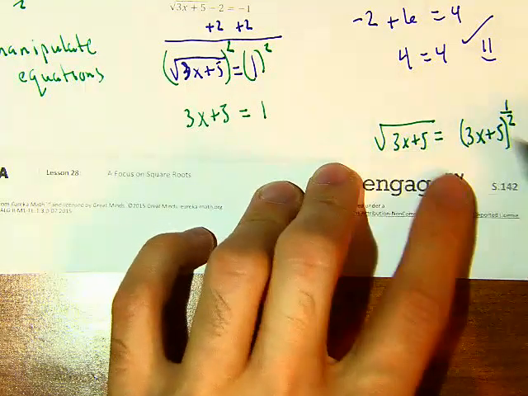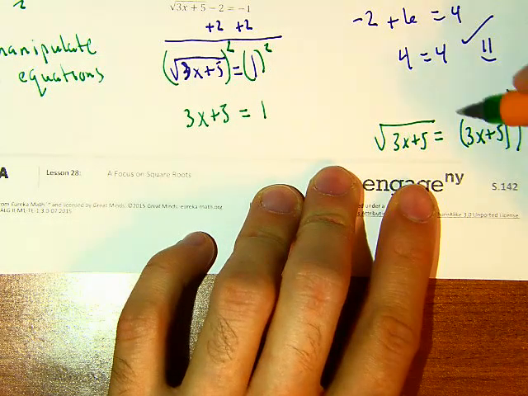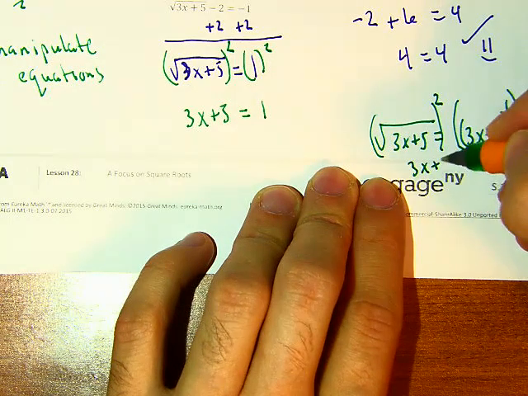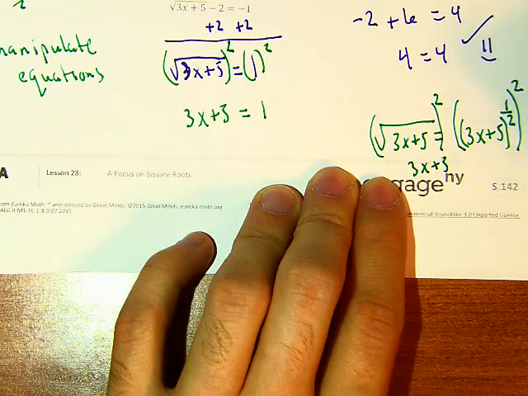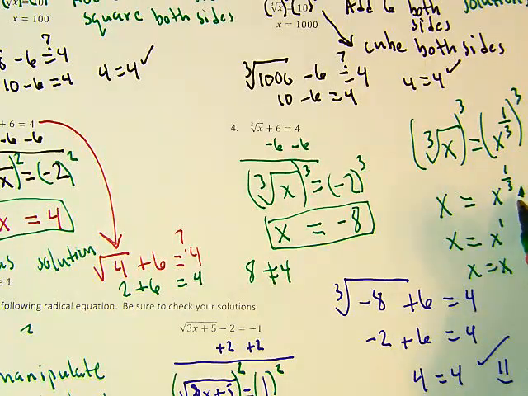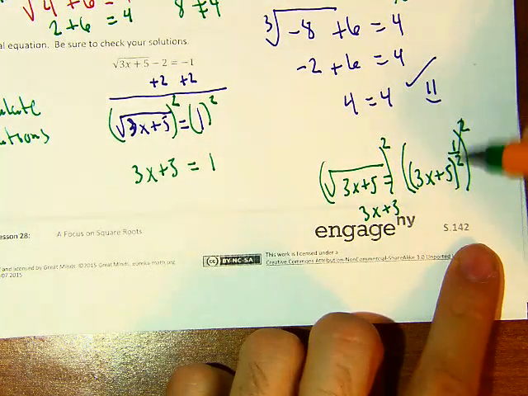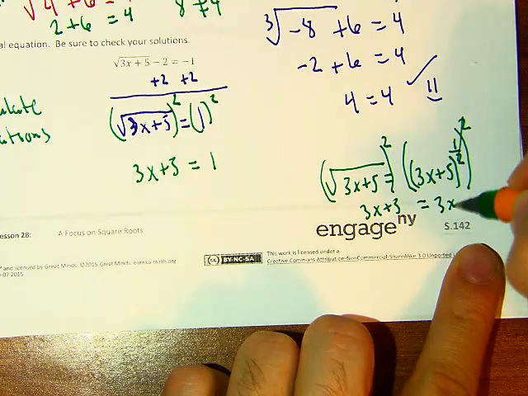These two are equivalent, okay? And if you square both of them, that just becomes 3x plus 5. When you're adding 1/2 times 1/2, it'll be the same thing, and these two cancel. So they are equal to each other.